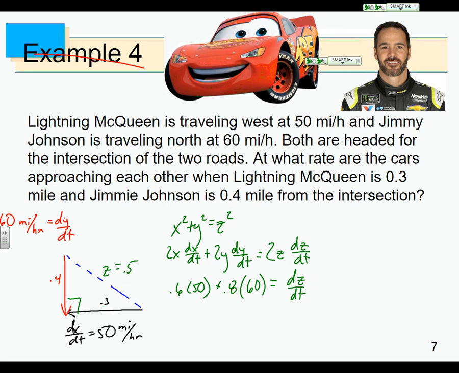Now, the answer that we get on this whenever I finally do it is 78 miles per hour. That's my dz over dt. I told you earlier that answer is going to be negative.